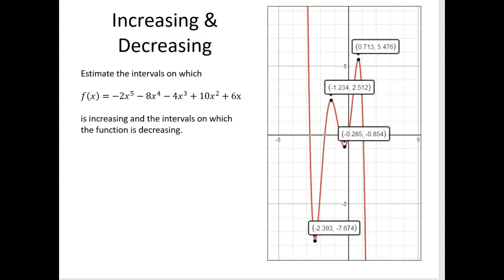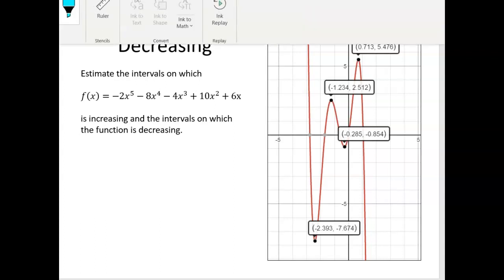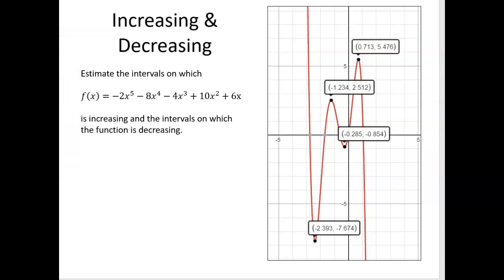Okay, so we have this graph here, and we're going to take this graph apart by looking at when is it increasing and when is it decreasing, okay? So let's highlight. Okay, now I do suggest, like at home with your notes, that you do this highlighting like we're doing in your notes. It's very helpful for your brain to see that. Okay, so if we're going to do increasing first, that's going to be this section of the graph.